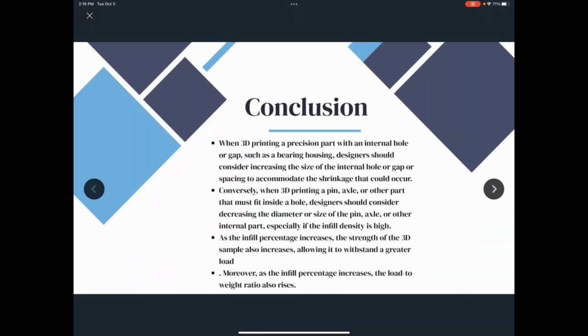Finally, as the infill percentage increases, the strength of the 3D sample also increases, which means that they can withstand greater load. And finally, as the infill percentage increases, the load to weight ratio also rises, which tells us that as we increase the infill percentage, the sample can withstand more force per weight.